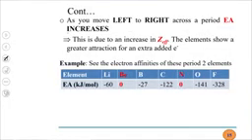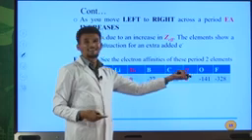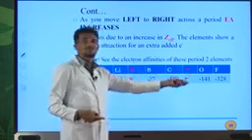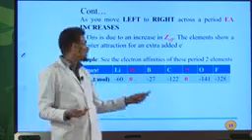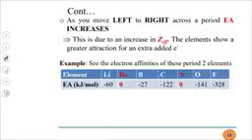For example, from left to right across the period, electron affinity increases. But here nitrogen has zero electron affinity. Beryllium also has zero affinity. Why? Because it has a stable electron configuration. Nitrogen is half filled. I already told you about this one. So it does not require an extra electron.